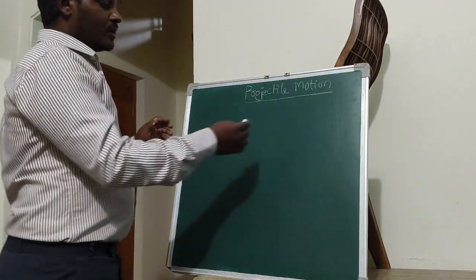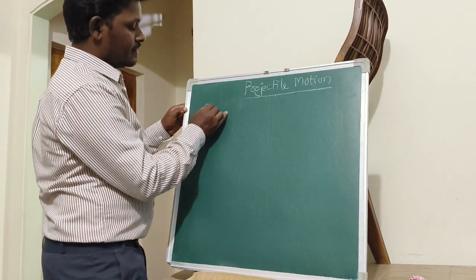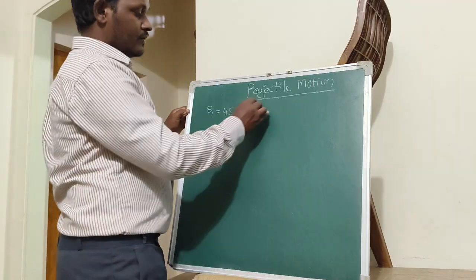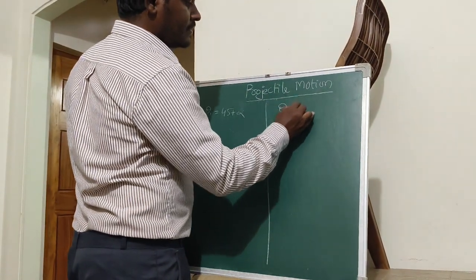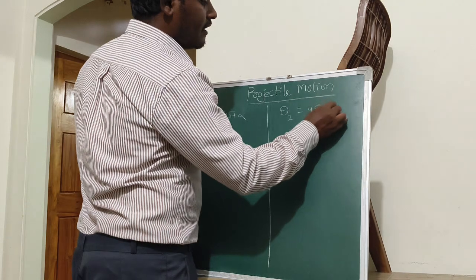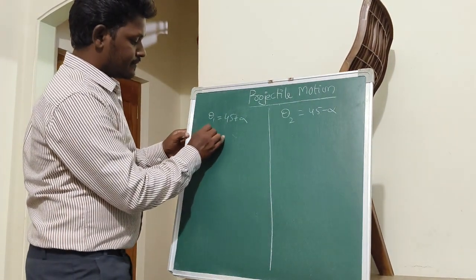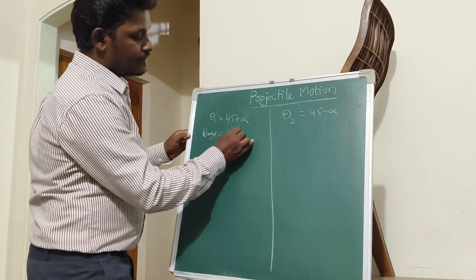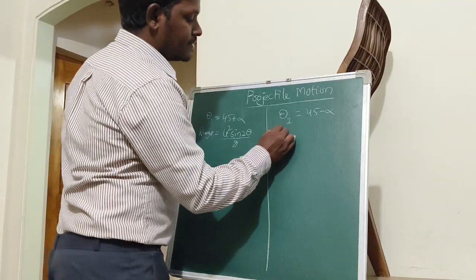What is the range formula for theta 1? Take 45 plus alpha. For theta 2, it is 45 minus alpha. We know that range is u square sin 2 theta by g.